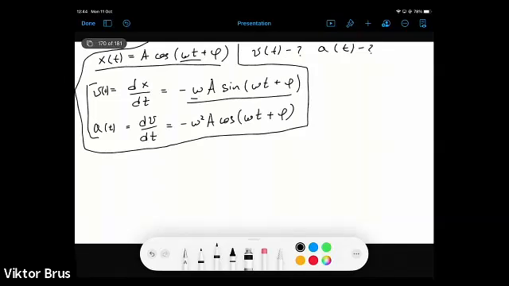These coefficients here, which stand before sine and cosine, actually give us the maximum, because sine and cosine can change from 0 to unity. So the maximum values which velocity and acceleration can get will be defined by these coefficients in front of sine and cosine.